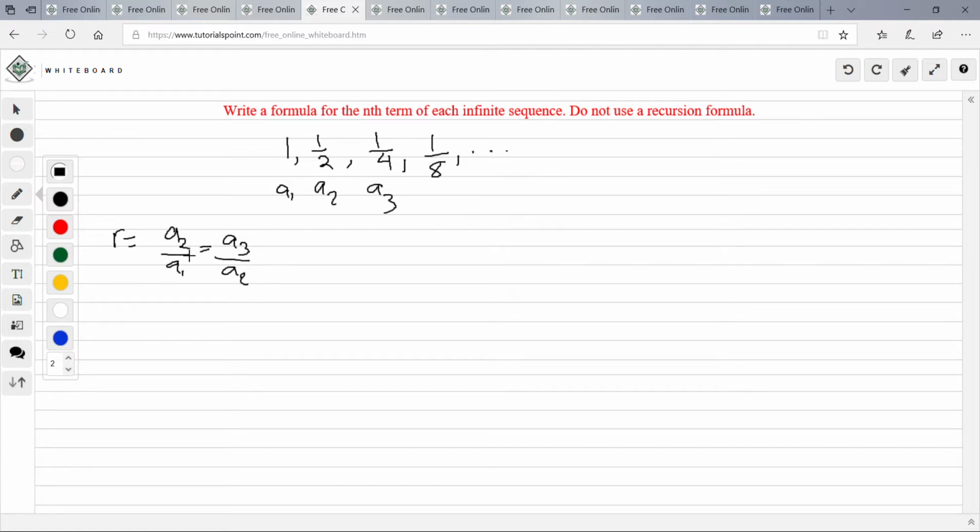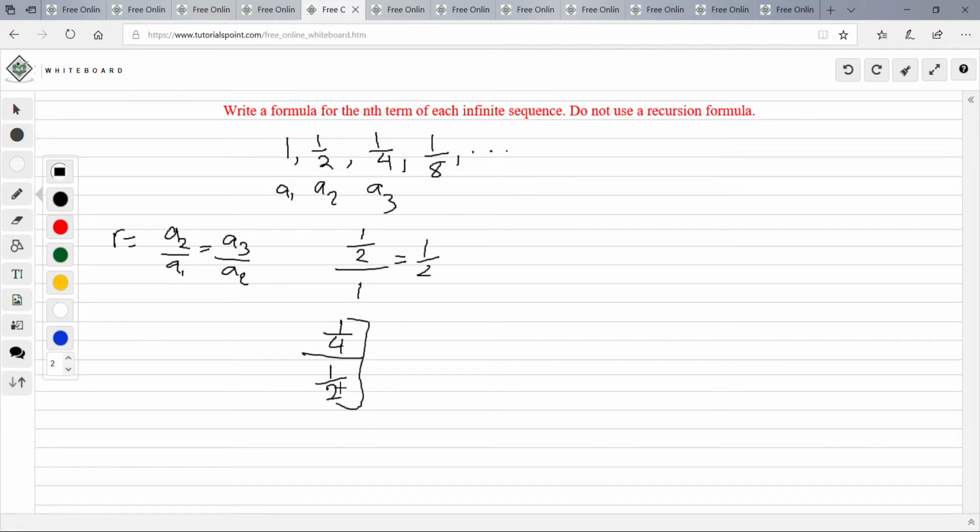So this has to be true. So A2 is 1/2 divided by A1, which is 1. So that's 1/2. Now, where's A3? A3 is 1/4 divided by A2, which is 1/2.